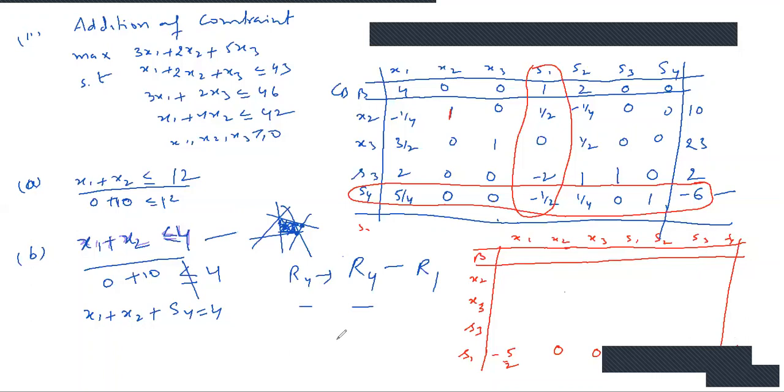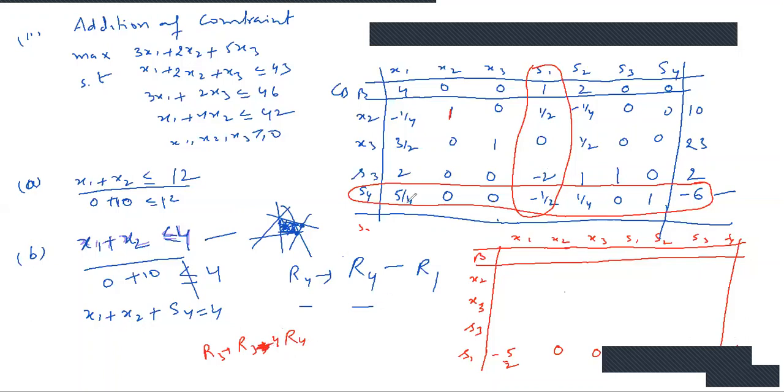What is my S3? Here, you multiply row 4 with 4 and subtract from row 3. So row 3 will go to row 3 minus 4 times row 4.